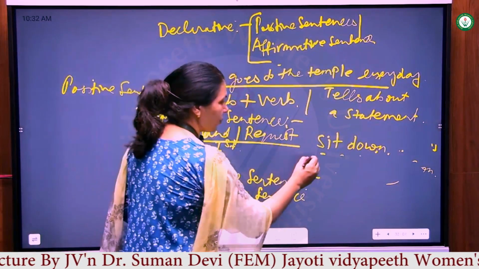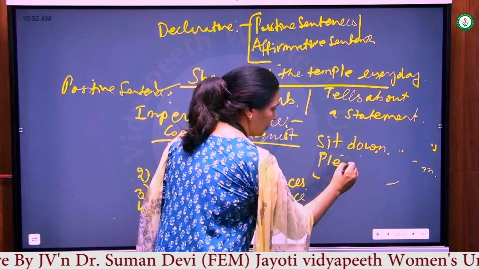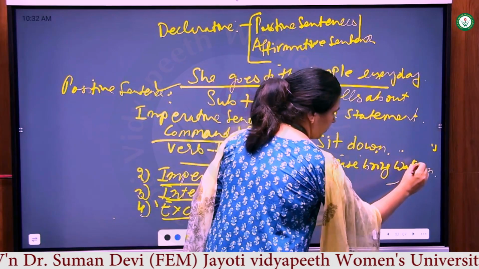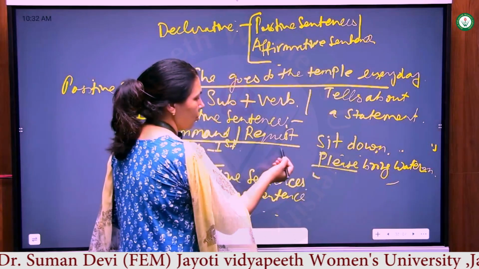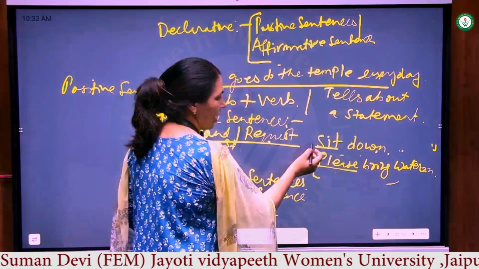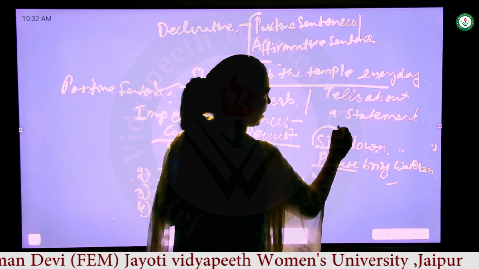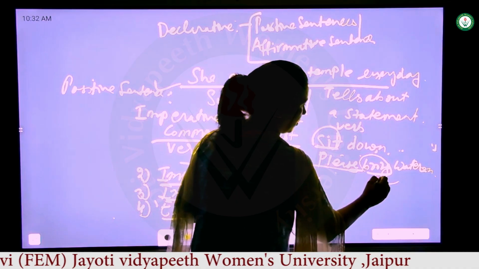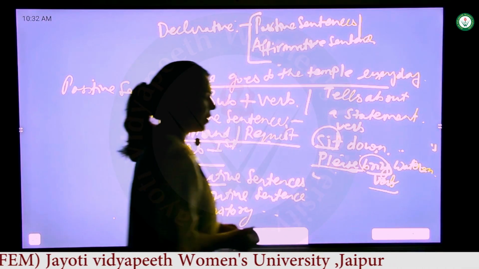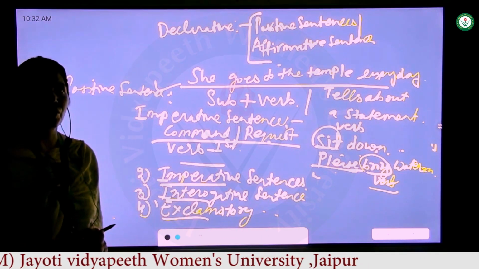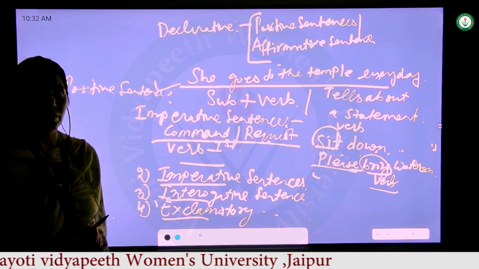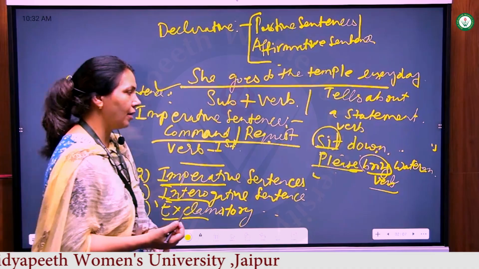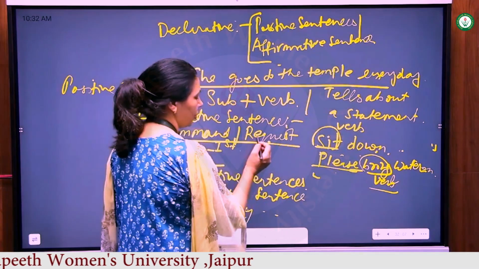Right? Please bring some water. So, that is also a request. So, such kind of sentences always start with a verb. There are sentences which carry the verb. It means they are telling about the command or the request.